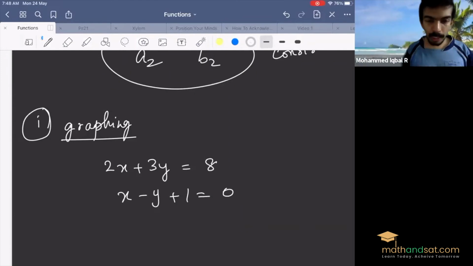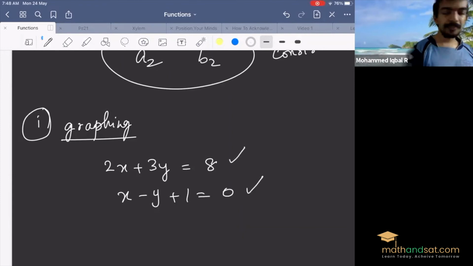If you're plotting on a graph paper with pen or pencil, you have to draw this graph and get the solution. But if you have a graphing calculator or a graphing software like Algebra or Desmos, you can just plot them in the software or in the calculator.